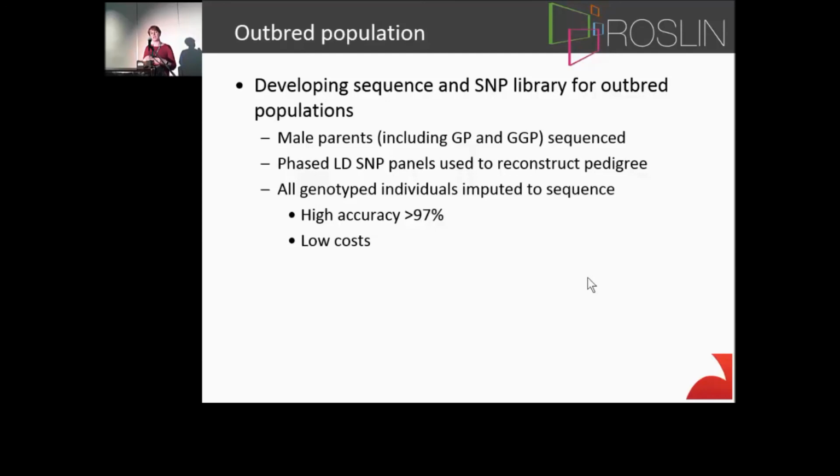So essentially, by genotyping on a low-density panel, people buying from our facilities will be able to impute up to full sequence. We hope that this will really add value to the bird lines that we have at the moment, but also the resources that we're hoping to develop in the future.